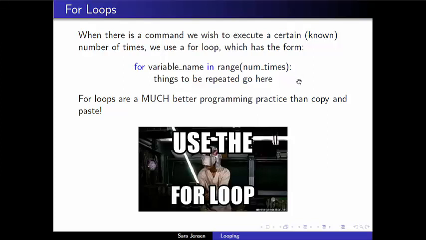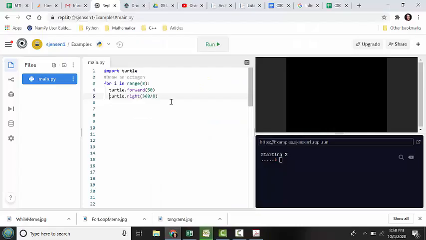So let's see an example of a for loop using the turtle module that we studied last time. Let's imagine that we'd like to draw an octagon. The key components of drawing an octagon is that our turtle will need to move forward, and then our turtle will need to turn a particular amount.